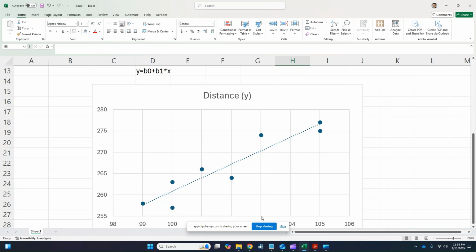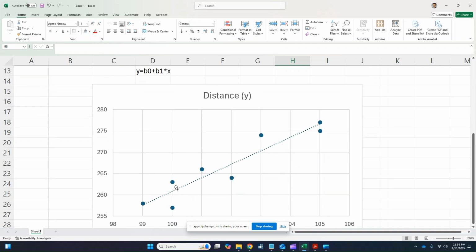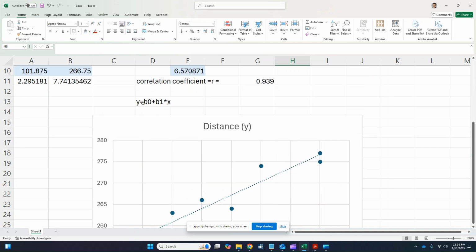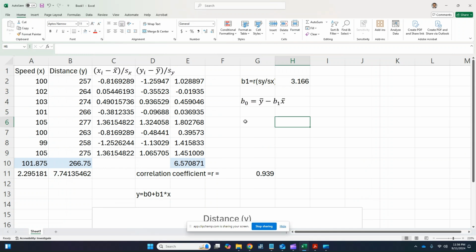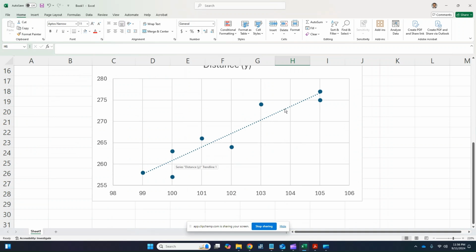So for each value of x, since we are using this linear equation, we're going to get the values of y exactly on this line, not on these dots, because we are using a linear function. Okay, so that's why if we use x bar, the mean x, then we can get the mean y here to get the value of beta 0. And that will be true for any points on this line. You plug in any values of x, you are going to get the respective value of y.